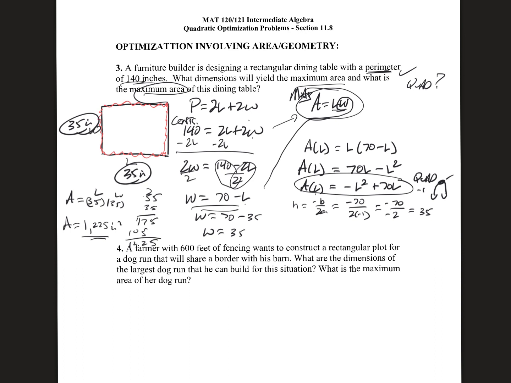So what I'm going to go back and tell the furniture builder, given this constraint and given the fact that you want to maximize the area of a rectangular dining table, is you need to build a square table, 35 inches by 35 inches, and that's going to maximize the area of the table at 1,225 inches squared.